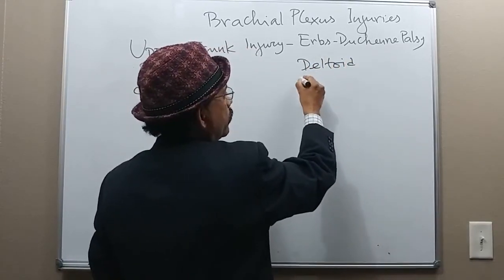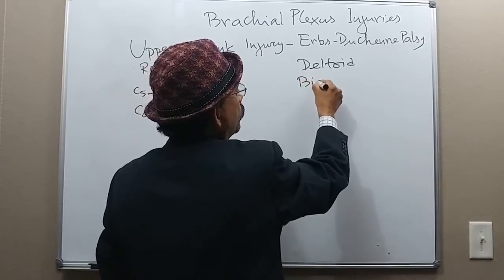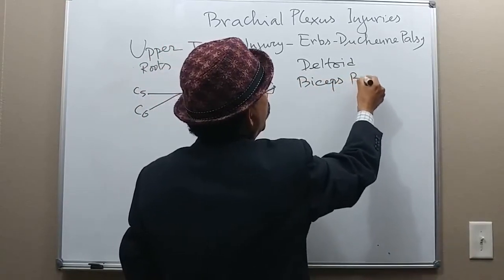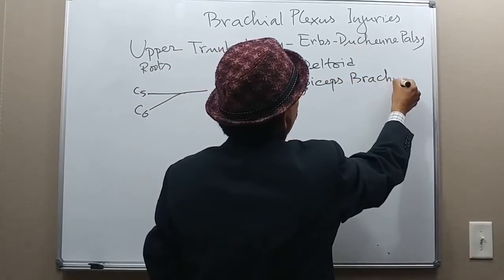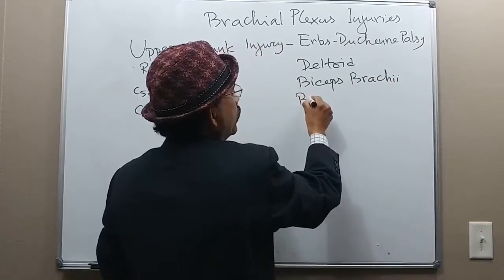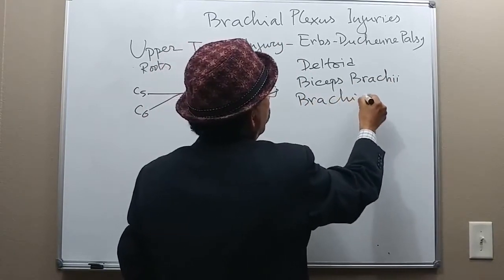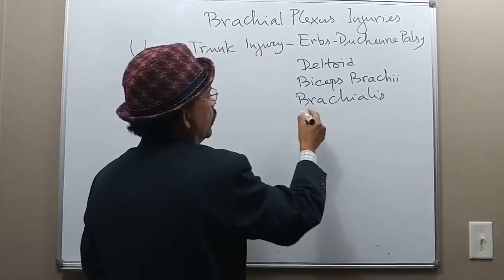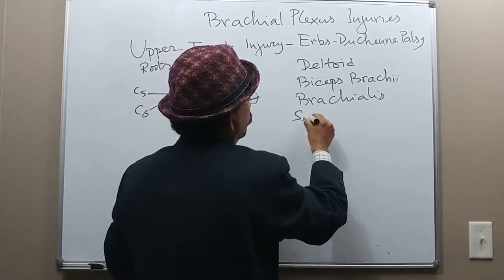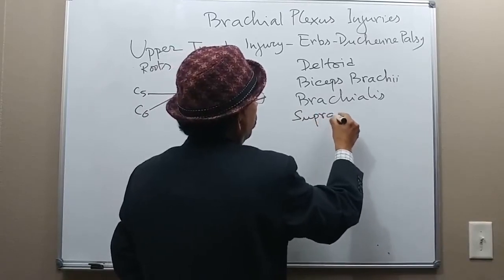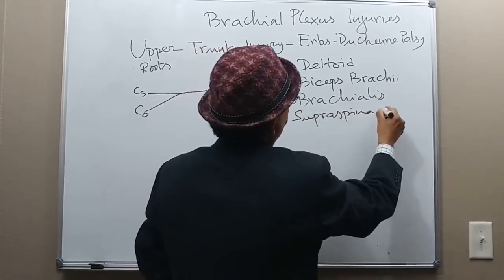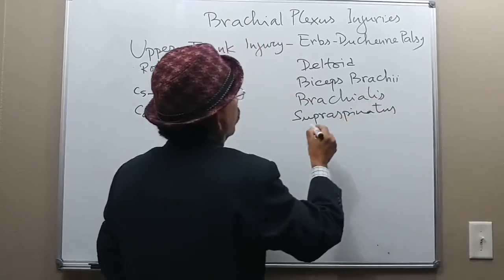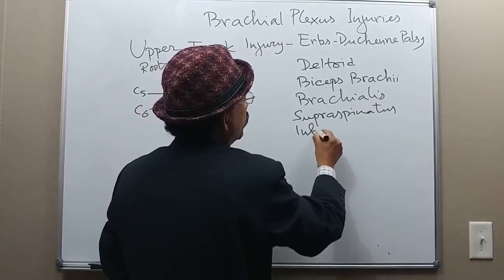We have the biceps brachii muscle, brachialis muscle. We have damage to the supraspinatus and infraspinatus muscle.